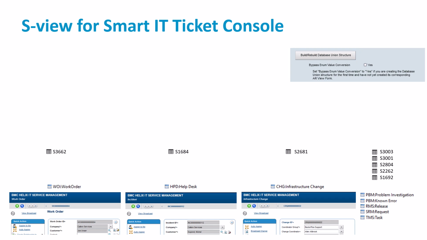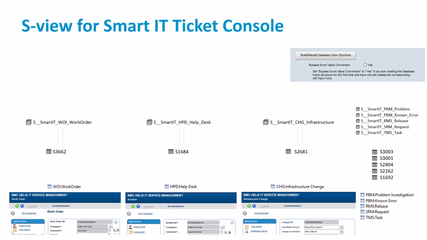This will always first initiate a rebuild of the main data views that we saw in the initial part of this webinar. And if that completes without errors, in 1902 and above, Active Link Workflow will initiate a second service action to build or rebuild the S-views for the ticket console. Only if existing S-tables are found in the database for all ITSM request forms the console uses, will Filter Workflow create the S-views on top of each of those S-tables.